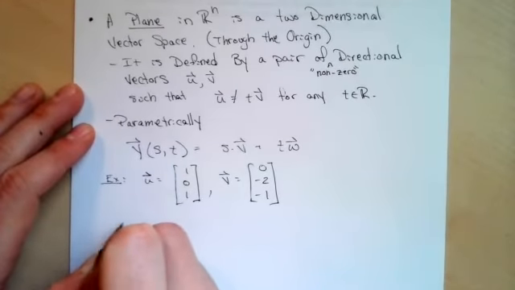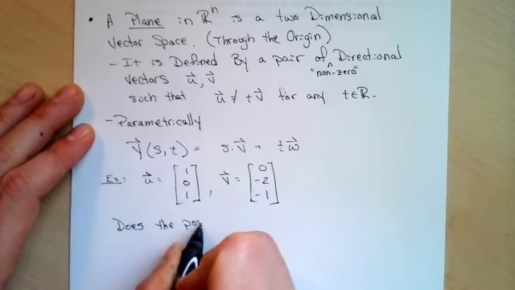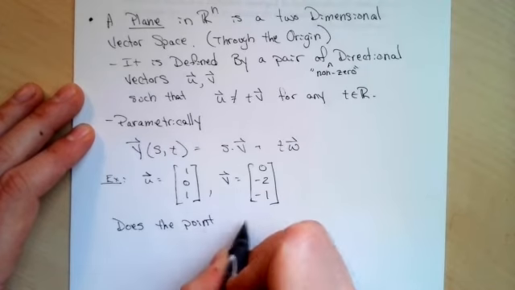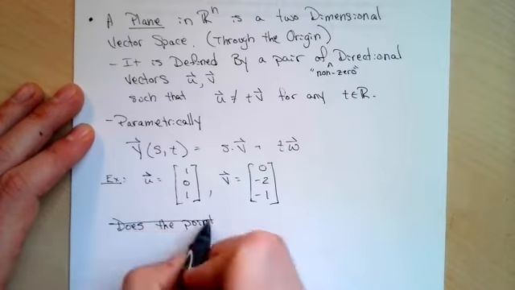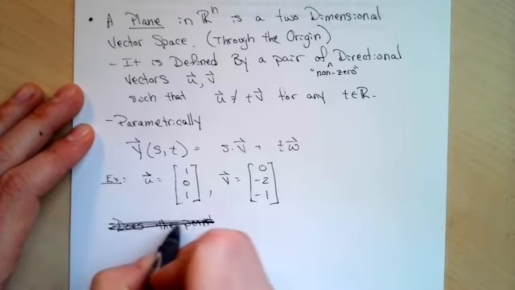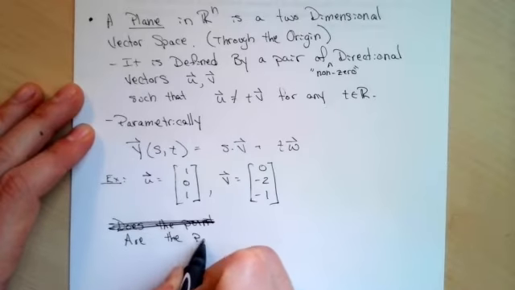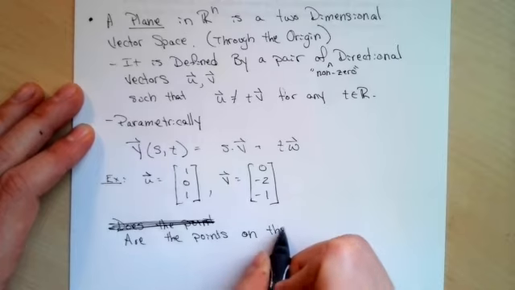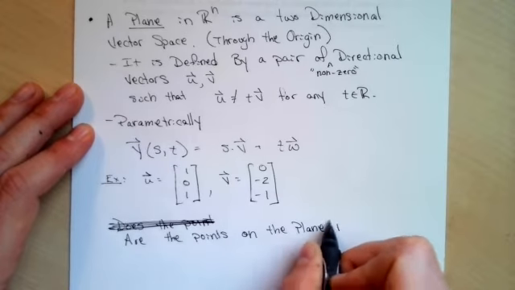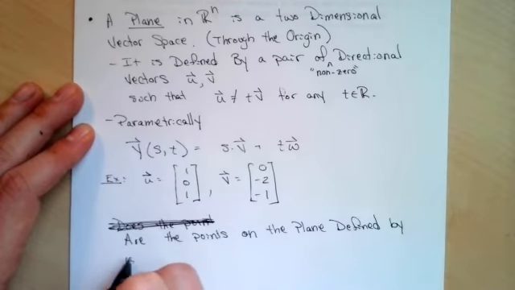And so our question might be something like, are the points, let's do a couple of them here, on the plane defined by u and v.